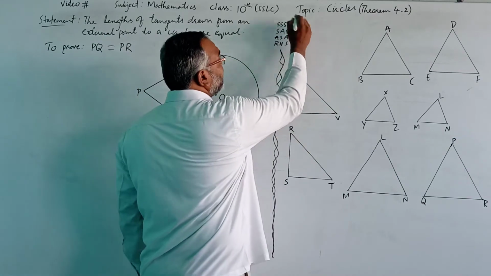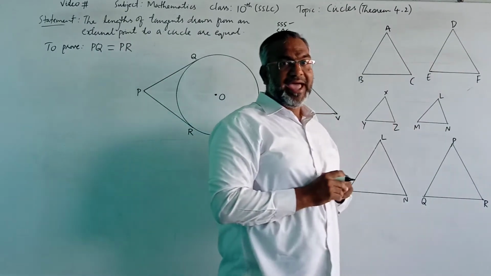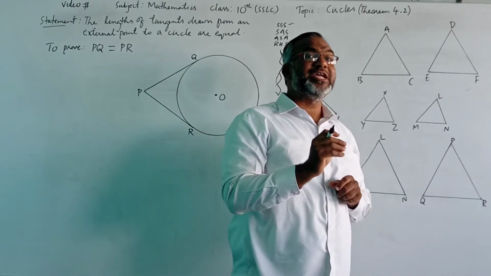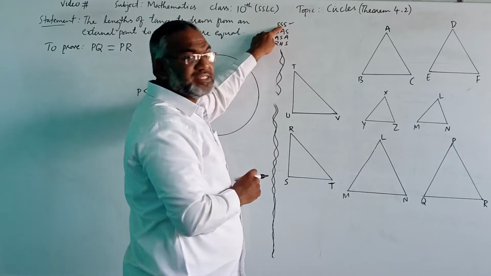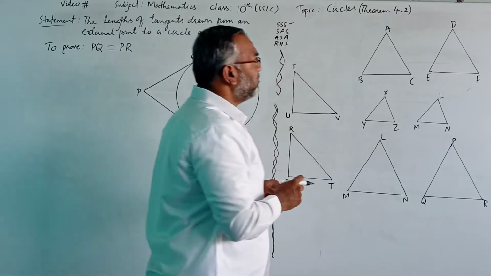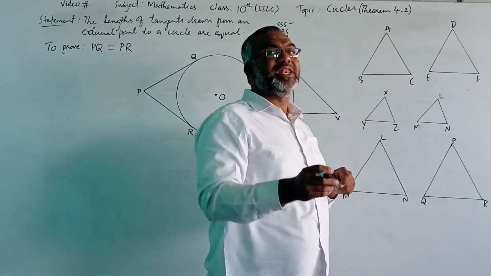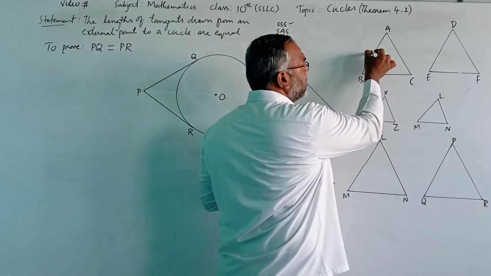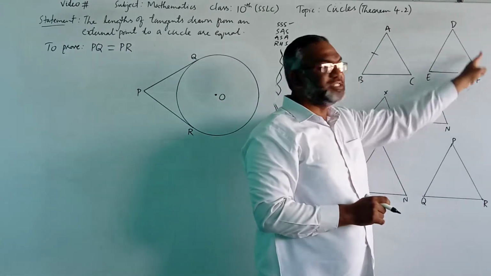According to the SSS postulate, SSS stands for side, side, side. If in two triangles their corresponding sides are equal in length, imagine here two triangles are there, triangle ABC and triangle DEF.